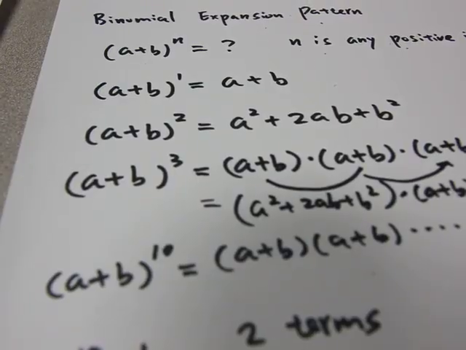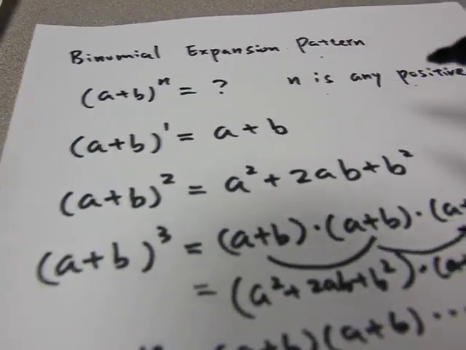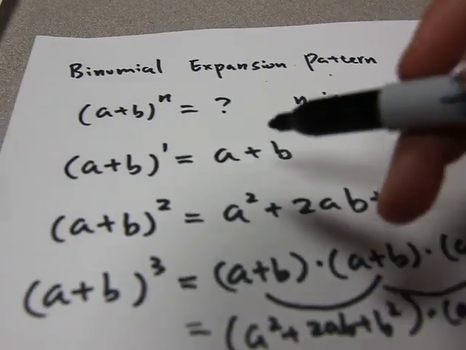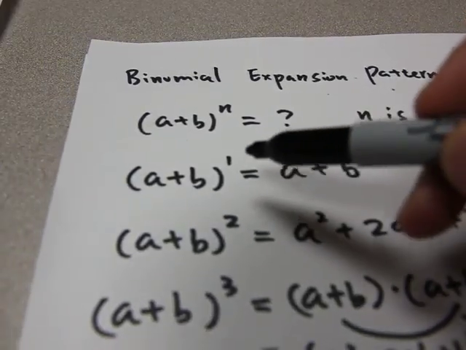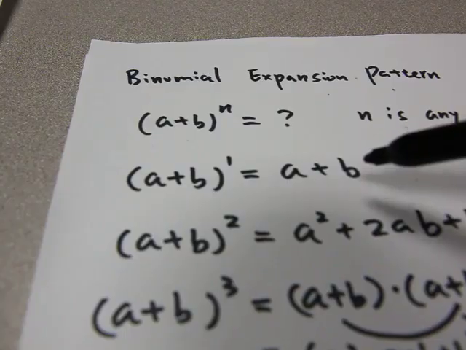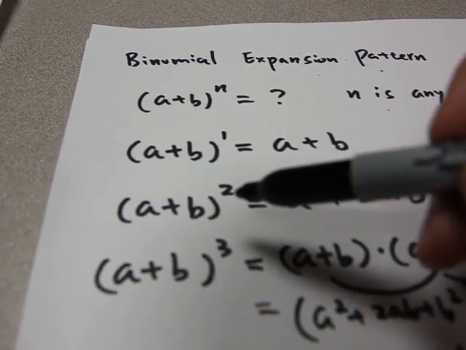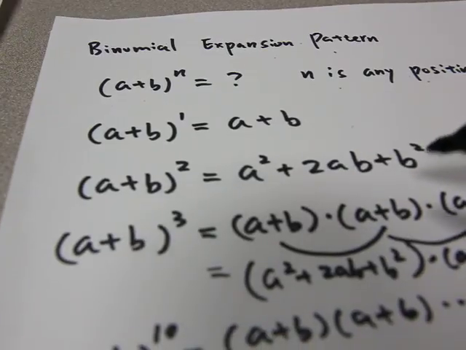So first, let's look at the relationship between this integer and the number of terms in the result. Now you see, when the integer is 1, we have 2 terms in the result, right? And when the integer is 2, we have 3 terms in the result.